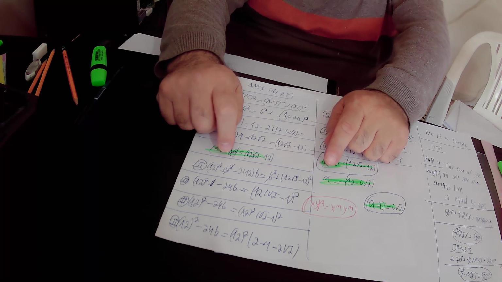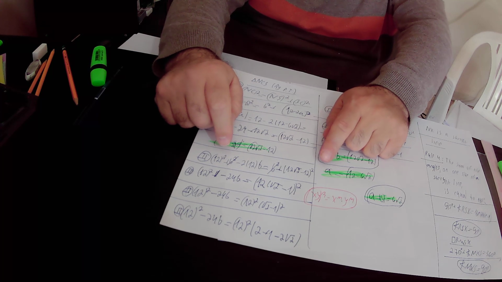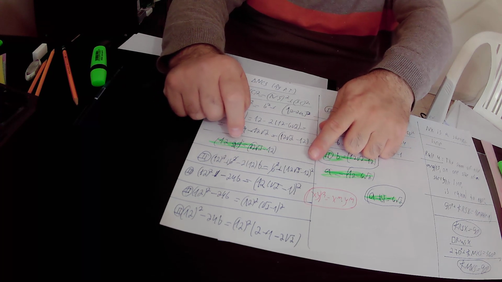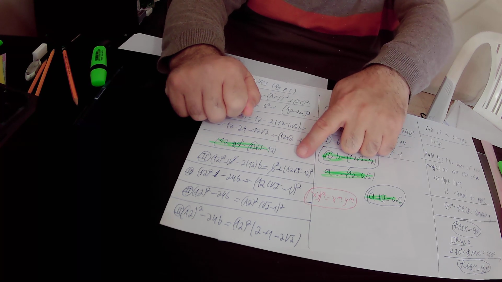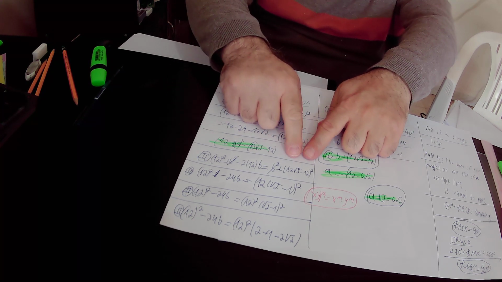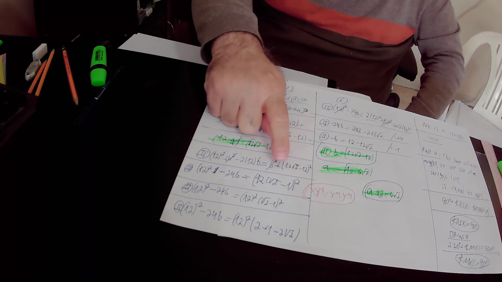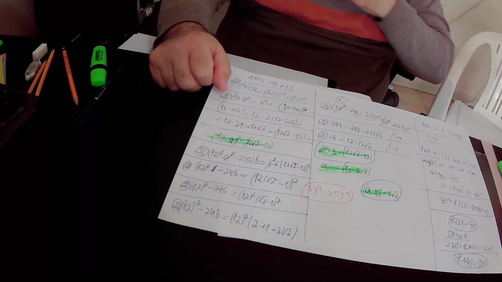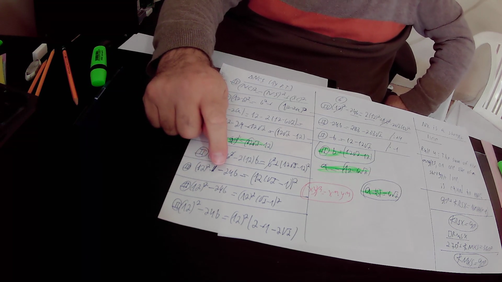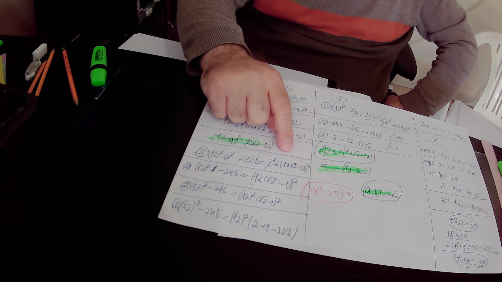That equals 12 times square root of 2 minus 12 square. We took 12 as a common factor out of this expression, and inside the brackets we have square root of 2 minus 1. Then we have here 12 square minus 24B is equal to this expression.